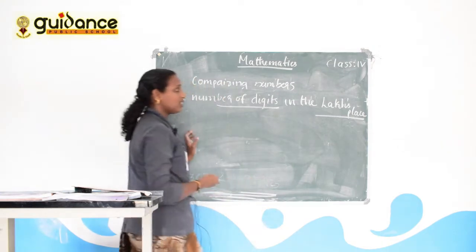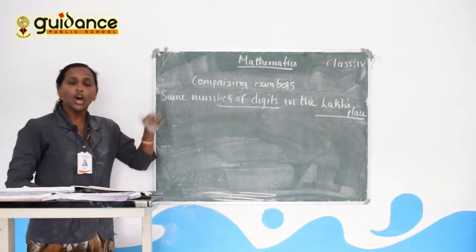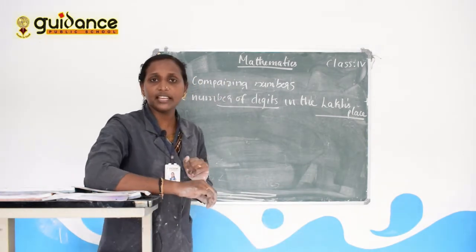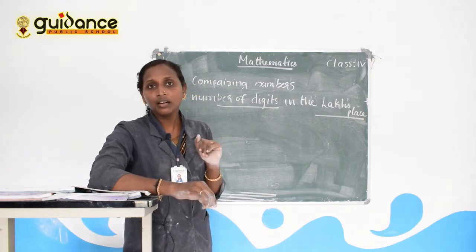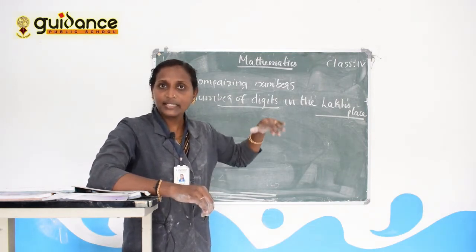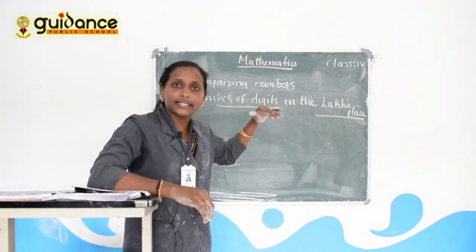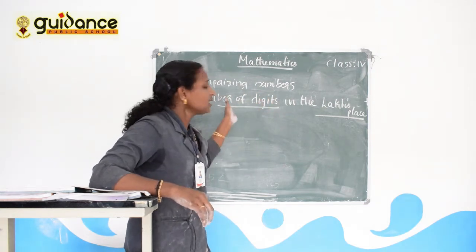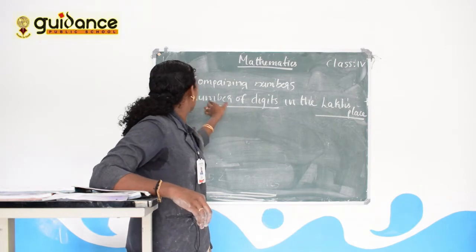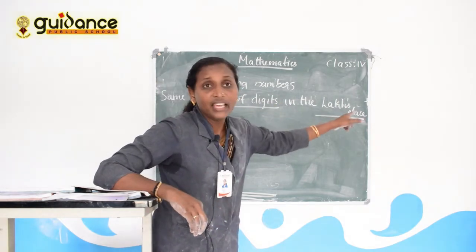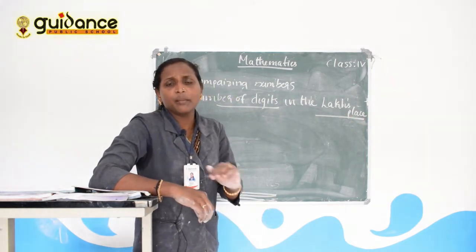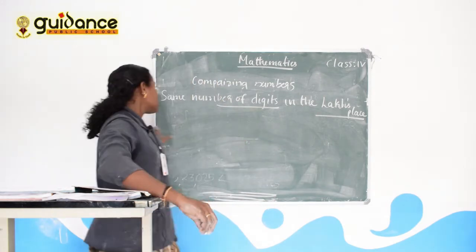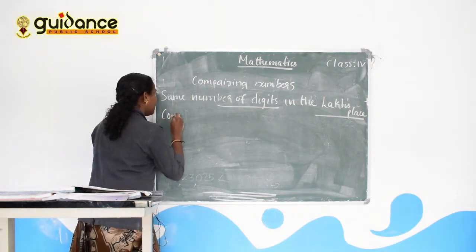In the previous question, the extreme left digits were different. In this case, the lakh place number is the same. So write the example.